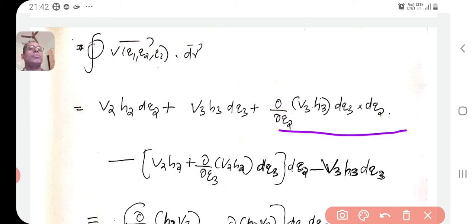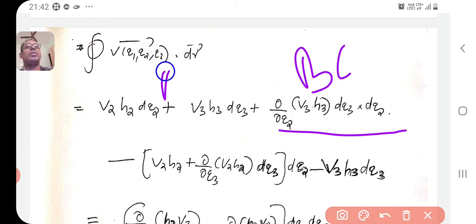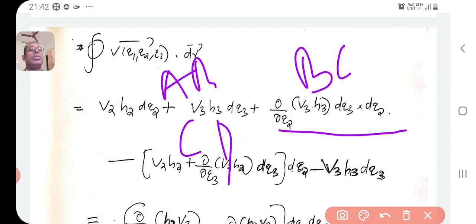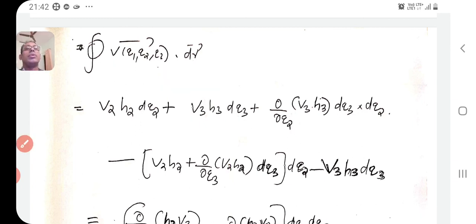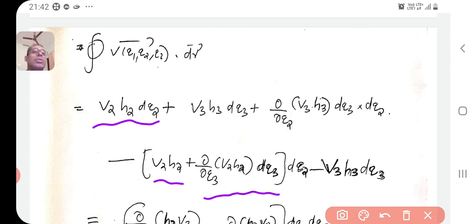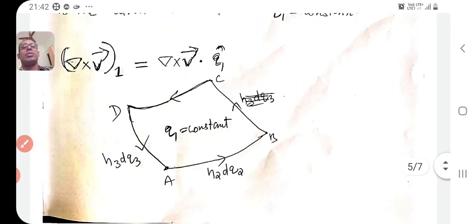So that is for BC. This is for AB, this is for BC. Then for CD, we have V2 h2 dQ2 plus ∂/∂Q3 of (V2 h2 dQ2) times dQ3.